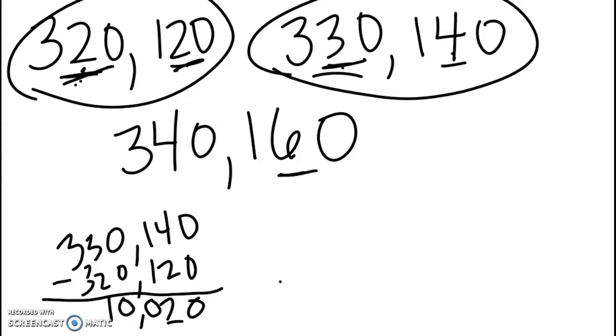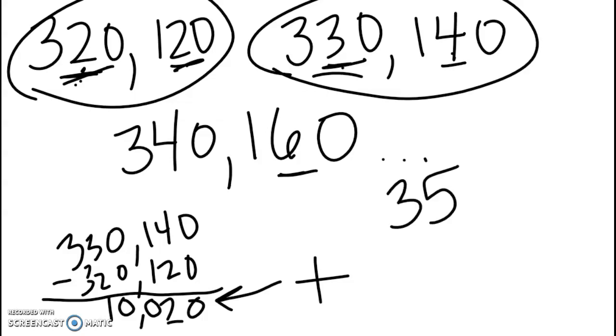So then I can see that this is what it's changing by. It's going up, so I know I'm adding that on. And then I could figure out the next number in the pattern by adding it on again: 350,180. So just find the difference and then continue to add or subtract to find the next number in the pattern. Good luck!